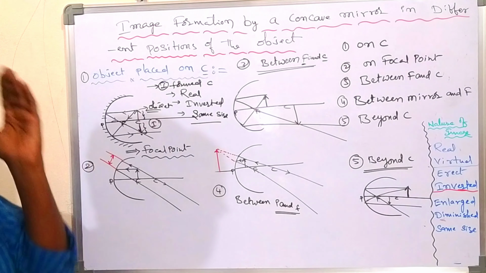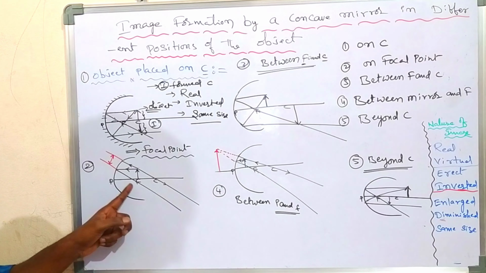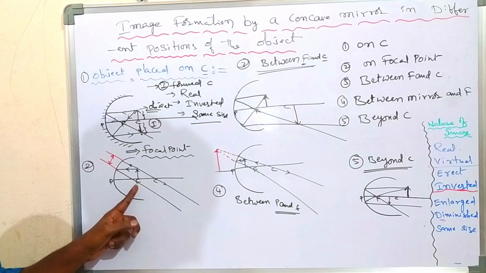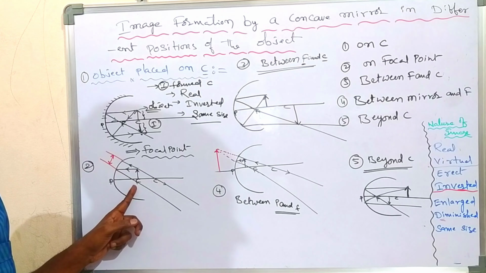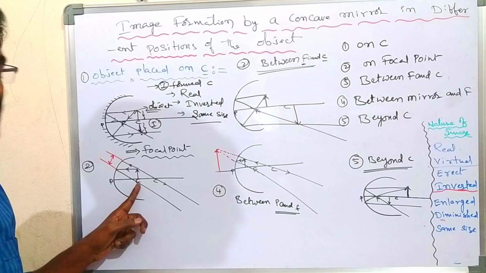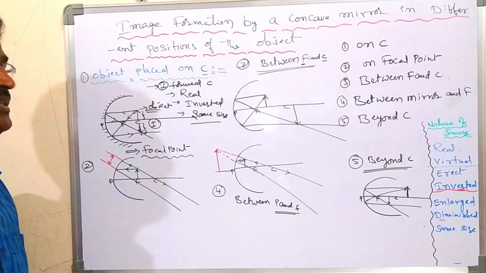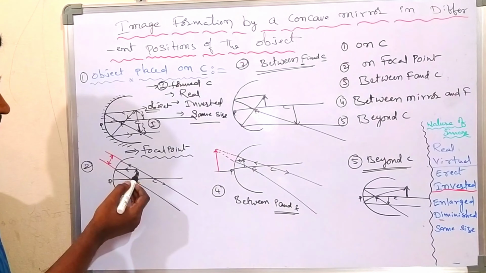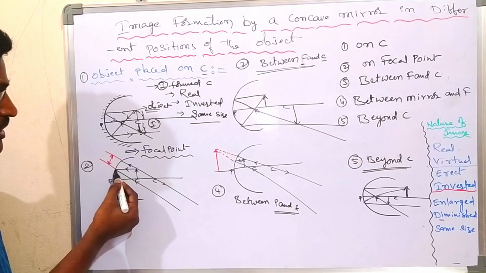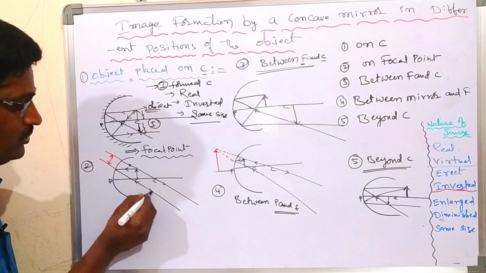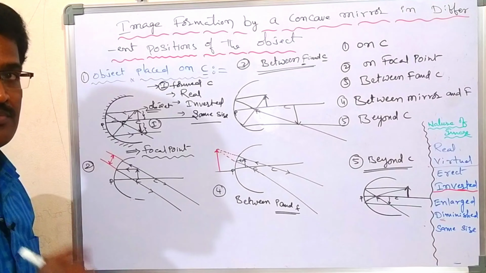Second condition is where the object is placed on the focus. We are keeping it on the focus. How many rays are involved in this? First ray, look here, parallel to the principal axis and passing through the focus. R1 is over.